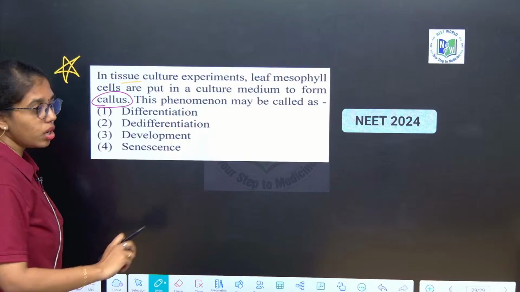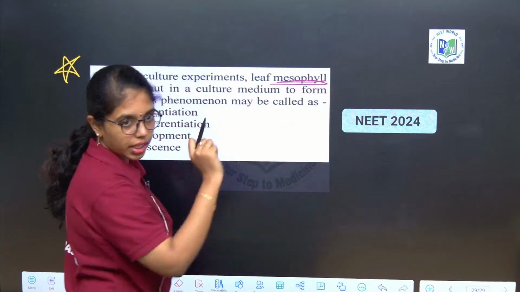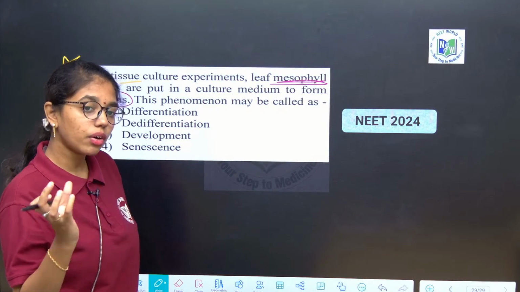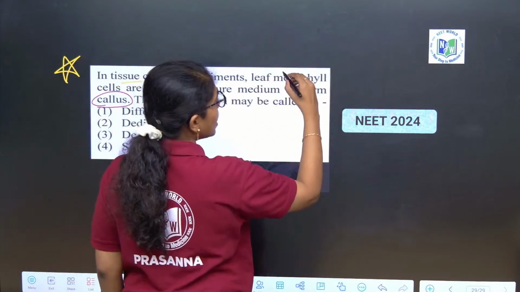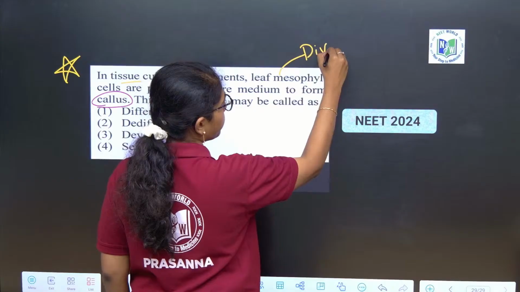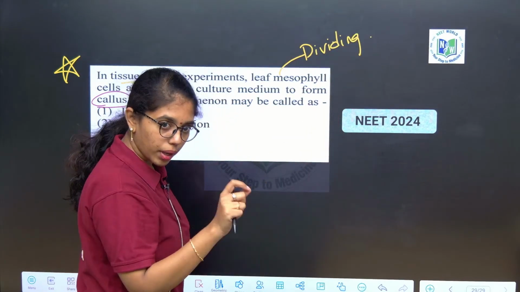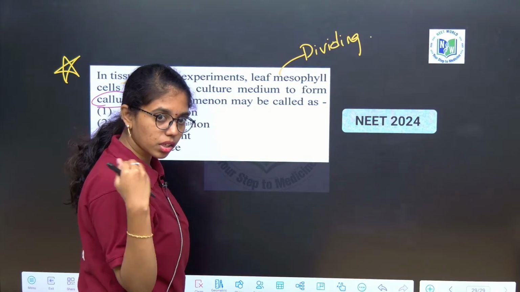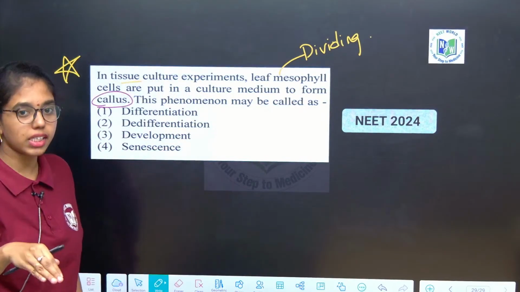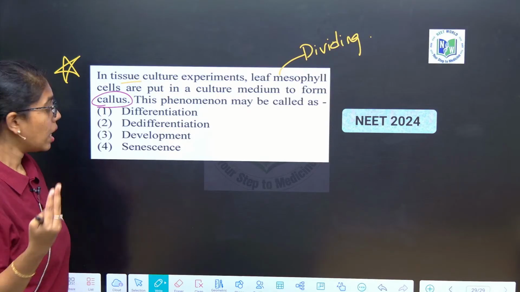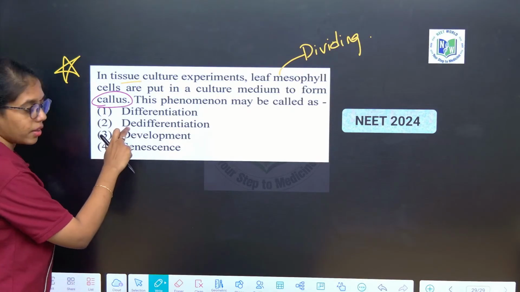So, mesophyll cells are differentiated, yes or no? When they are put into the culture medium, it is giving out callus, means what? It is dividing. A permanent tissue dividing means it lost the capacity of differentiation. It again gained back the capacity of what? Division. Then we will call it what? That's it.